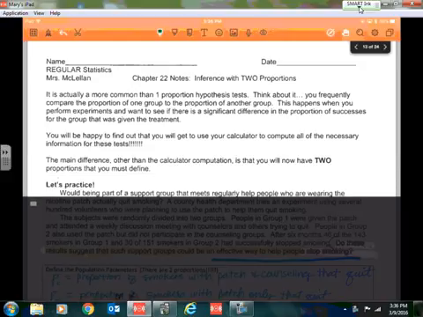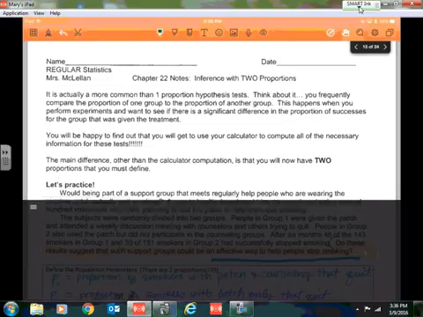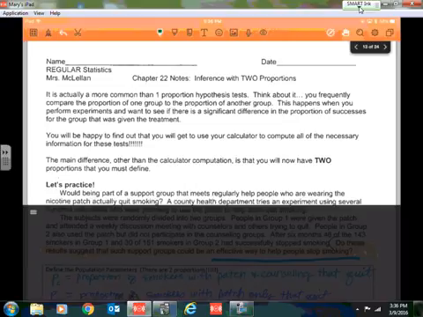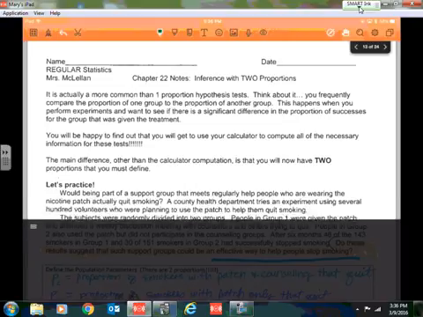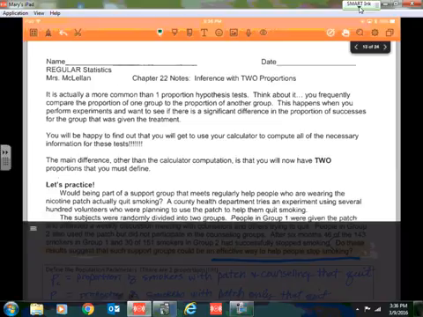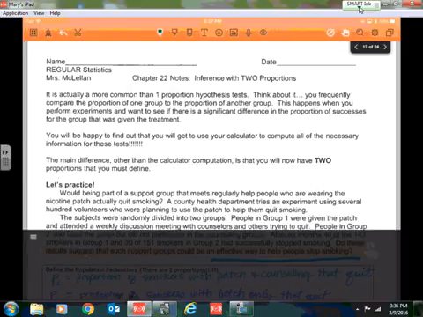So let's practice. Would being a support group that meets regularly help people who are wearing the nicotine patch actually quit smoking? A county health department tries an experiment using several hundred volunteers who are planning to use the patch to help them quit smoking. The subjects were randomly divided into two groups. People in Group 1 were given the patch and attended a weekly discussion.